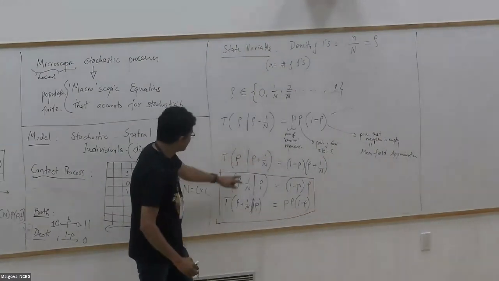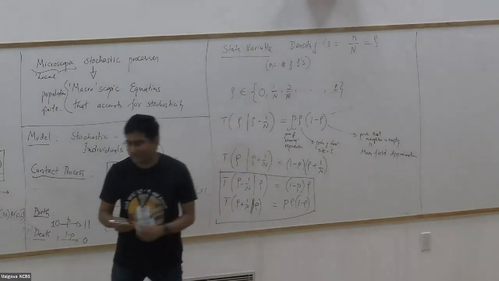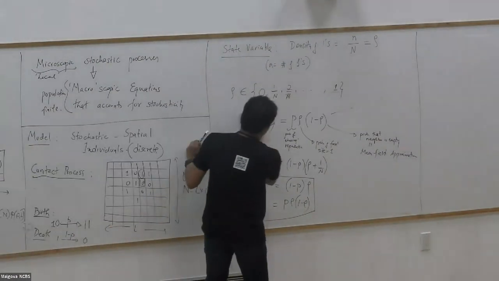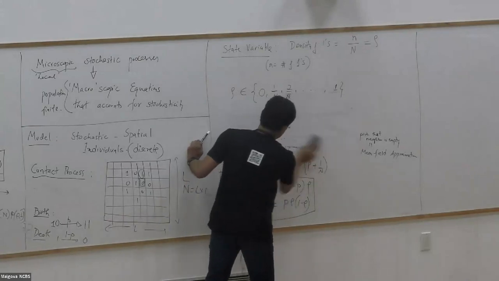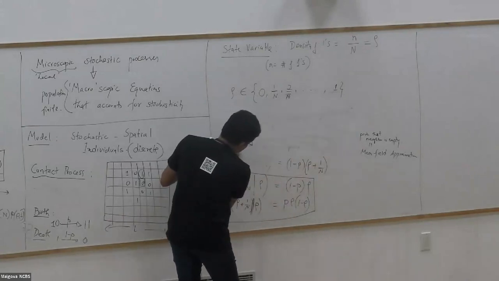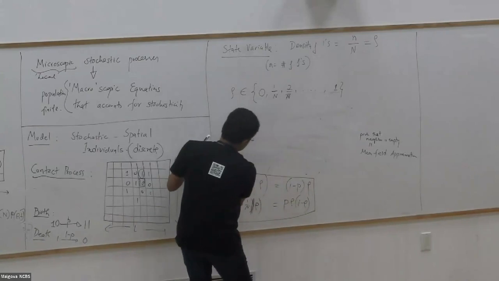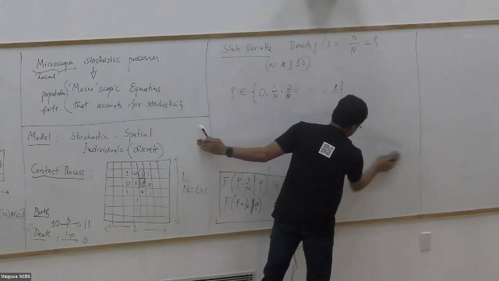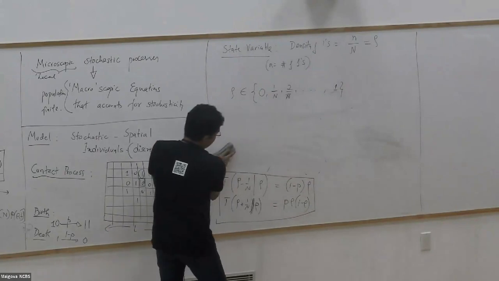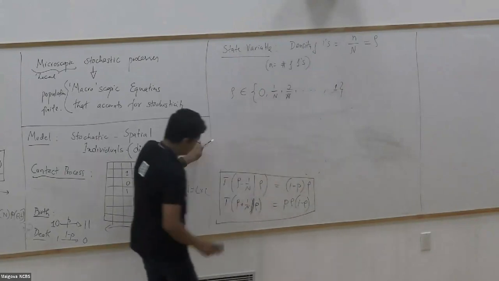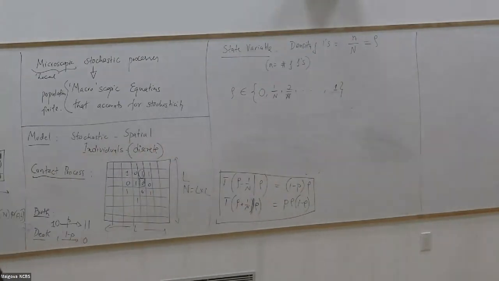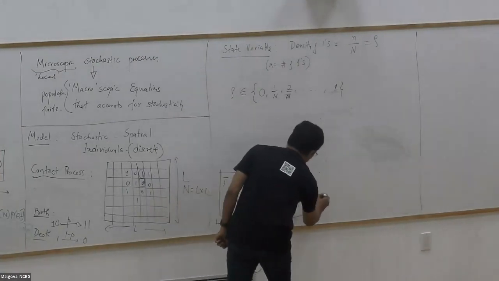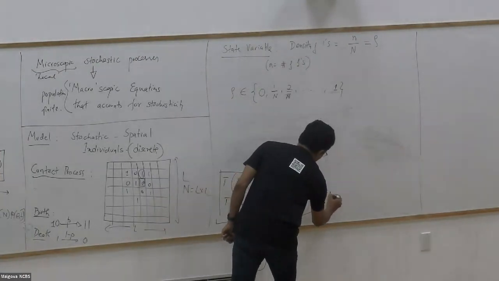But once you know these two, it's fairly easy to write the other two terms. Okay, so I will write only these two, but you should be able to write the other by yourself. And we have still assumed mean field approximation when we have done this.